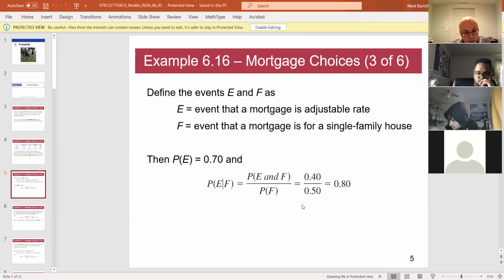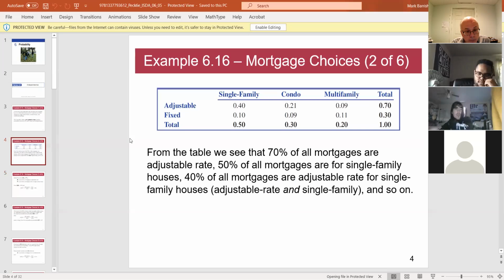Well, this is the formula for it. It's the probability of E and F, E intersect F, divided by the probability of F. So it's the probability of the intersection of the two, divided by the probability of that which we know, which is the probability of F. Well, the probability of E and F, how do we know that? What's the probability that the mortgage is adjustable rate and for a single family home? Go back.